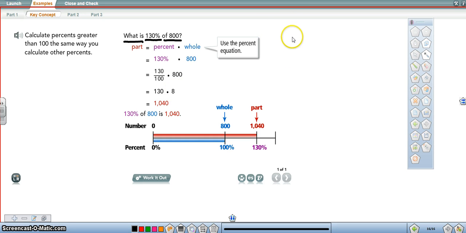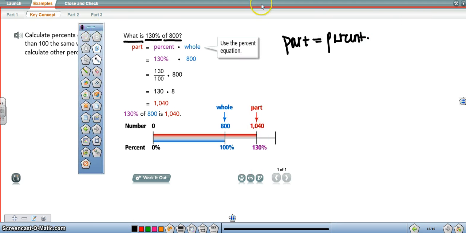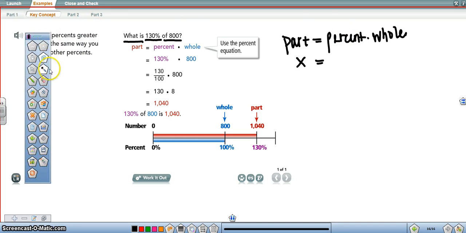If you'd rather, you can use the decimal form of 130%. So we'd start with our equation, part equals percent times whole. In this case, we're looking for the part. You can place a variable there if you'd like. We know the percent is 130%, so if we want to use the decimal form, move that decimal twice.